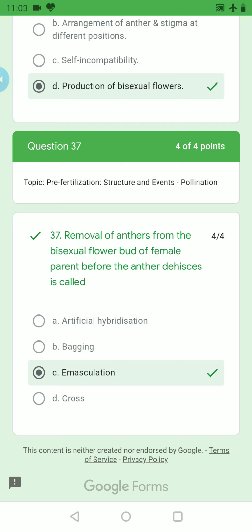Emasculation is a technique of removing anthers from the flower before they release pollen grains to the stigma of the same flower. Bagging: during artificial hybridization, to prevent contamination of pollen grains, the stigma of the flower should be covered by butter paper or polythene bags. So this question is related to emasculation, which is part of artificial hybridization. The removal of anthers from the bisexual flower bud of the female parent before anther dehiscence is called emasculation.